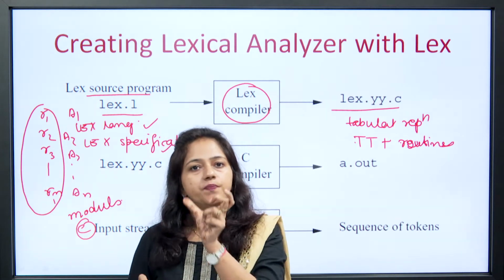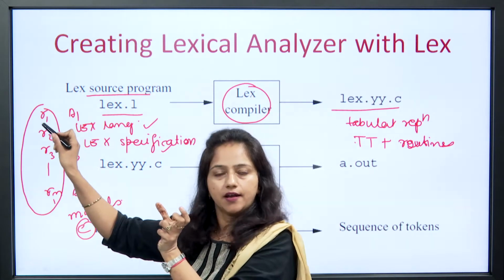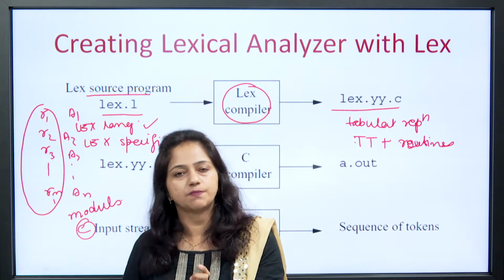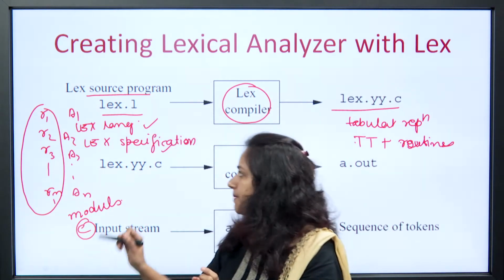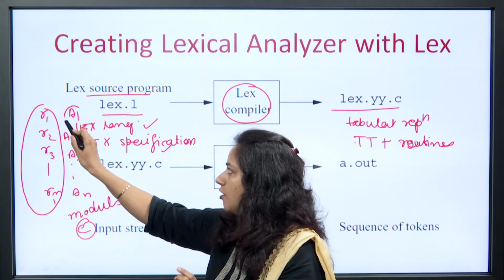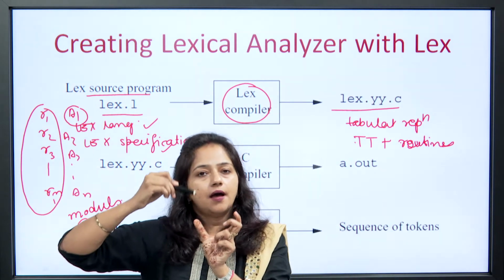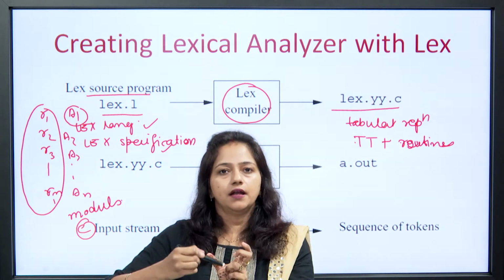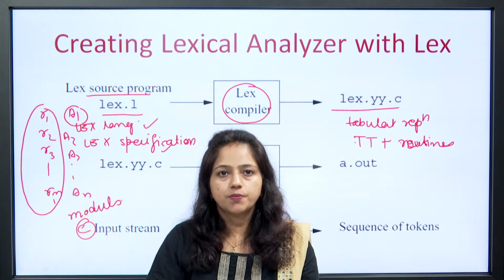Action means: if a particular pattern is recognized, then what is expected to be done. For example, an entry in the symbol table may be required, or an appropriate token is to be produced.